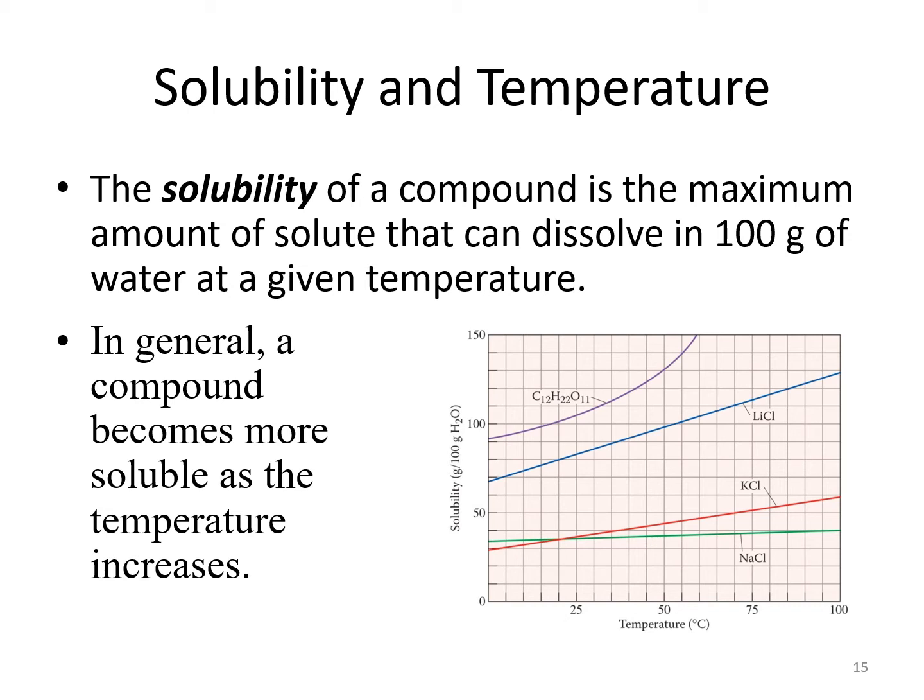This graph shows the relationship for some compounds between solubility on the y-axis and temperature on the x-axis. You can see that for all of the compounds, it is a line that increases. Sometimes it increases very sharply, like here, the glucose, the sugar one.